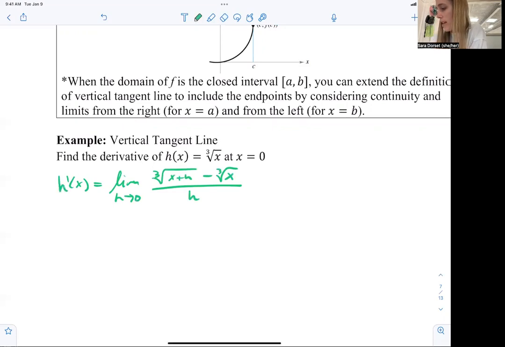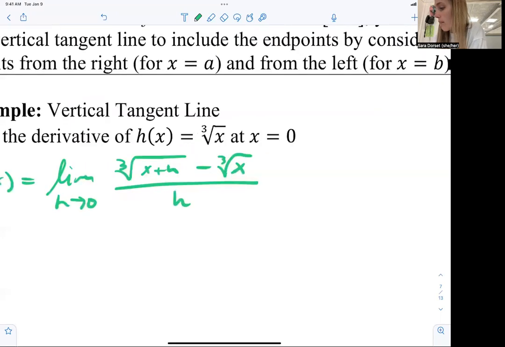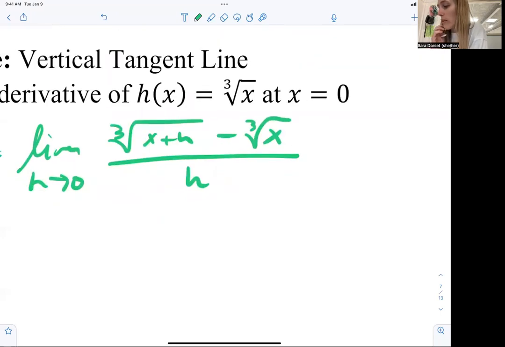Probably shouldn't use h when I'm using the limit definition of the derivative. But you'd run into 0 over 0. Oh, what do we do from here? How do we rationalize the denominator or the numerator?